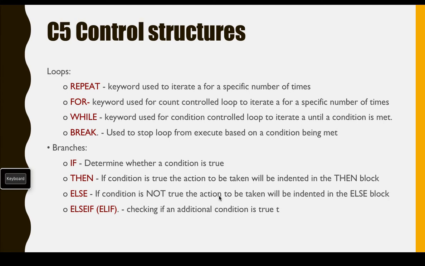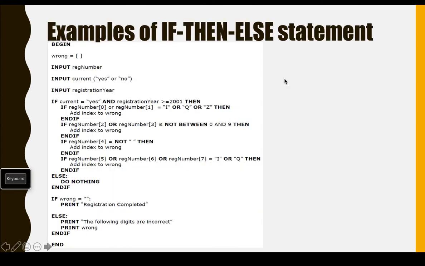Right, so let's have a look at some examples. It looks rather complicated, but it really is relatively straightforward. I'm going to try and explain the whole code, including the bit that doesn't actually talk about a branch here. So wrong is an empty list, an empty array that's been defined.